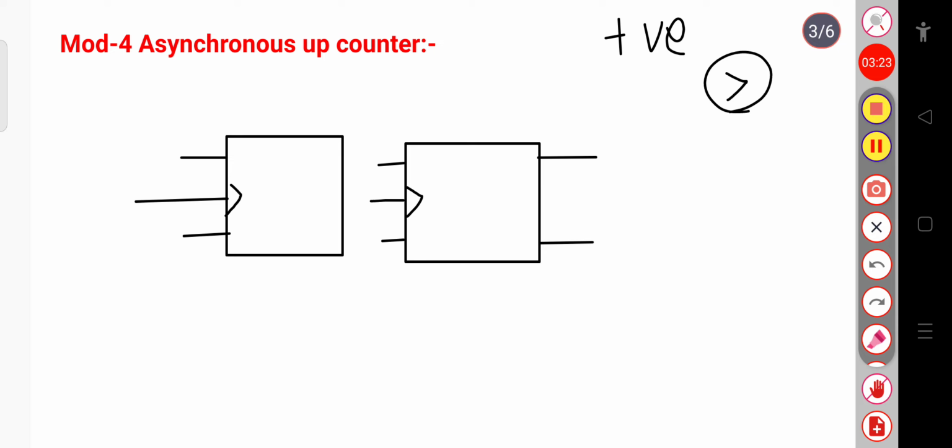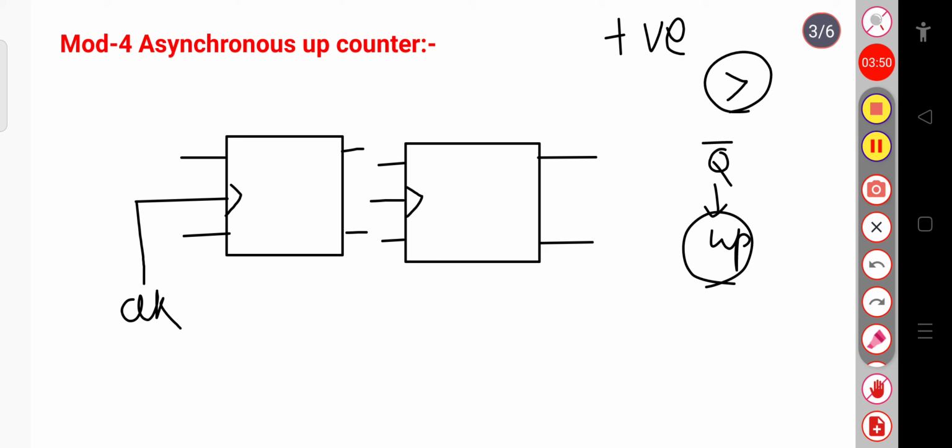In case of positive edge triggering, if Q bar is the clock pulse, then it is called an asynchronous up counter. Asynchronous means the clock pulse will be given to the first flip-flop only, and the output of the first flip-flop will get connected to the clock pulse of the second one.